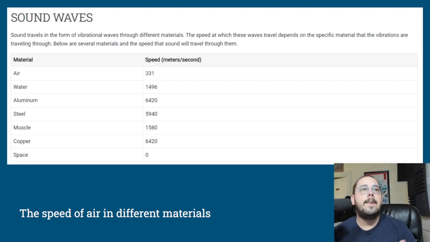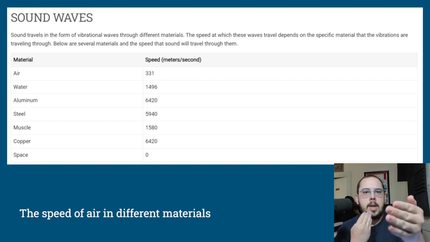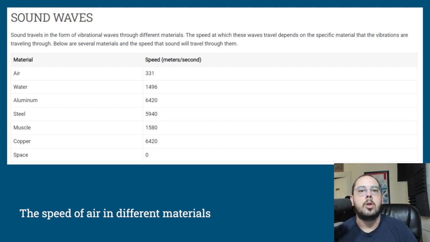This speed varies, and I've got a chart here from the sound unit in my coding textbook that is illustrating this interesting phenomenon we see, and that is that the denser the material, the quicker sound travels through it. Now, that being said, it also can die off quicker, so it may not travel as far, but the distance that it travels, it will do that much more quickly in a denser material.